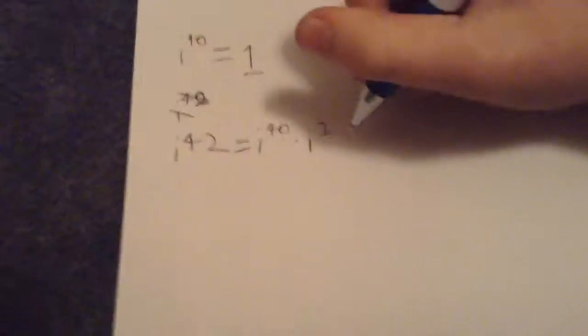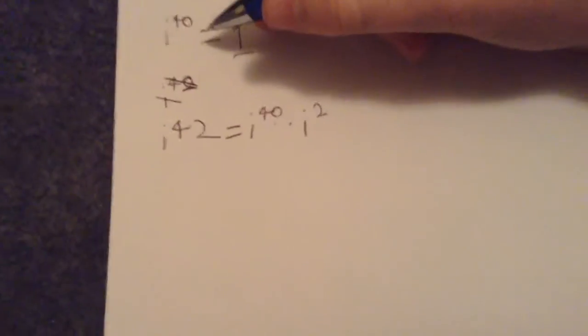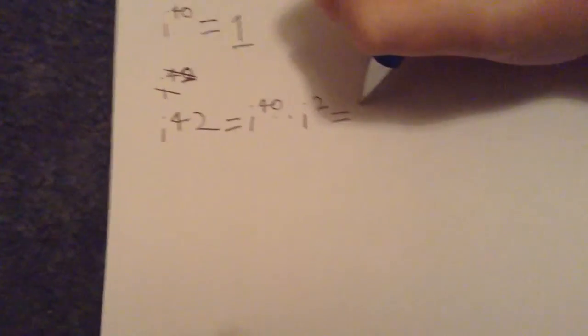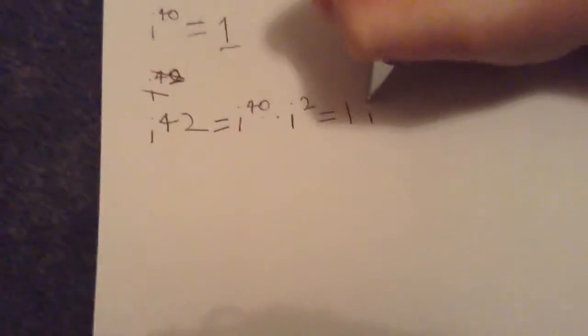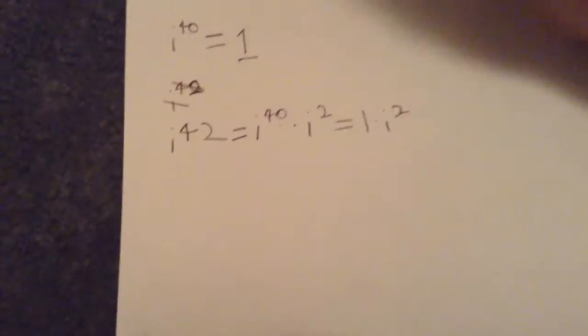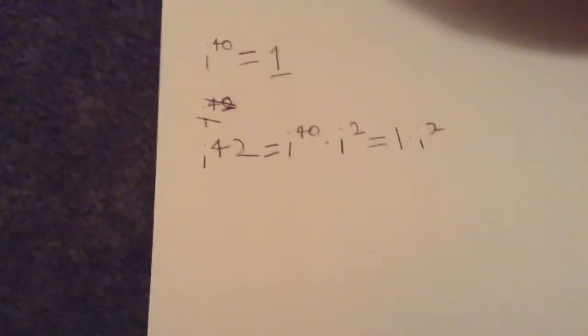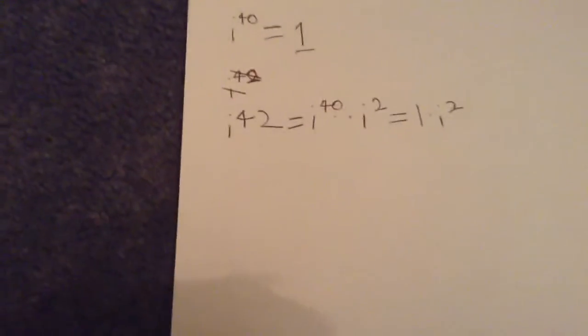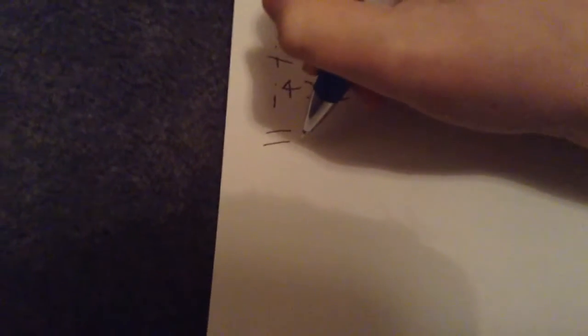Since it's a multiple of 4, like we set up here, it's going to have to be equal to 1. So this is going to be equal to 1 times I to the 2. And I to the 2 is just negative 1. So then we'll get I to the 42 is equal to negative 1.